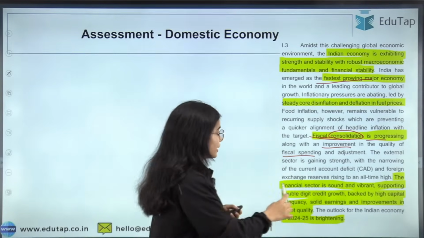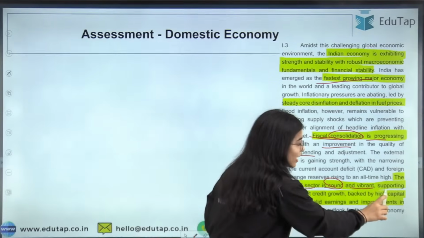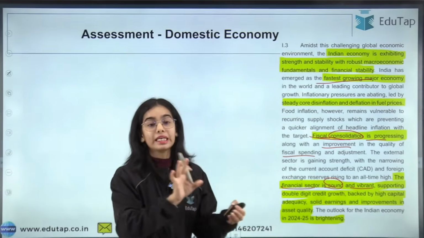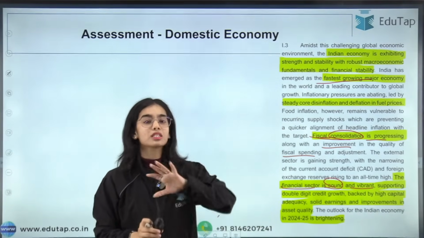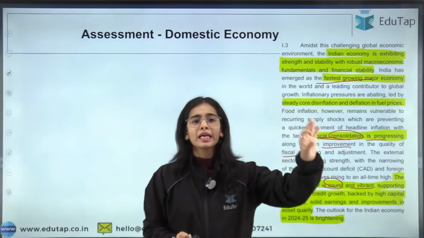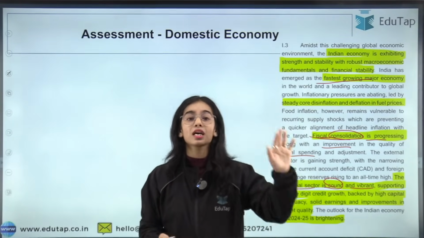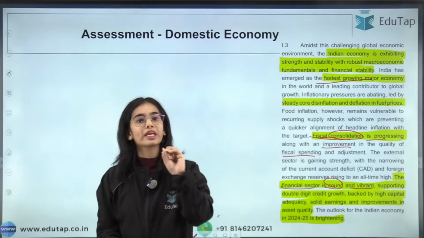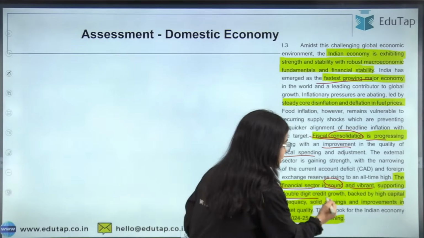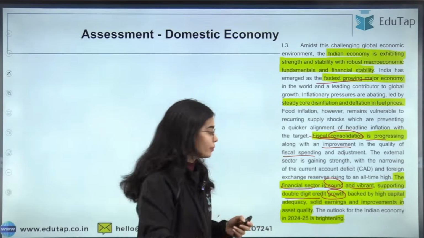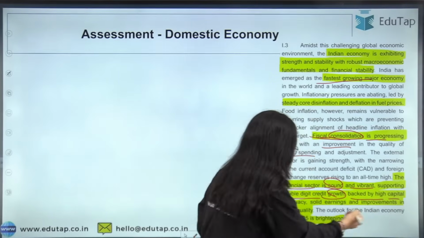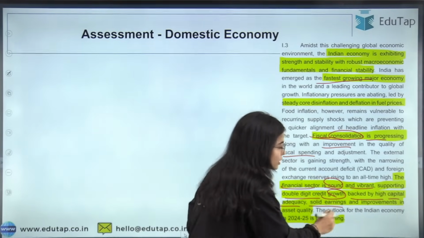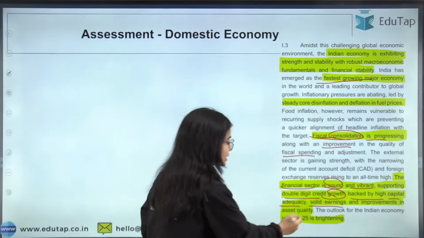Next, the financial sector is sound and vibrant. There is less volatility in our financial sector. There is huge volatility in the financial sectors of other countries, but our financial market is quite stable. Double-digit credit growth has been seen in our country, backed by high capital adequacy, solid earnings and improvement in asset quality.